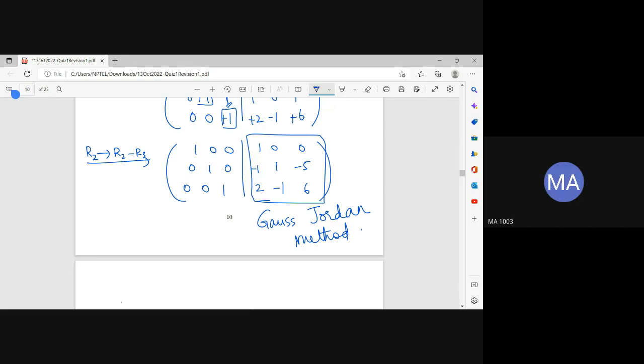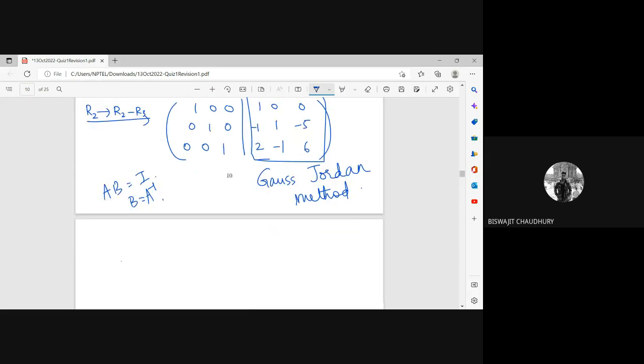When we multiply two square matrices and get an identity matrix, can we say that B is always the inverse of A?